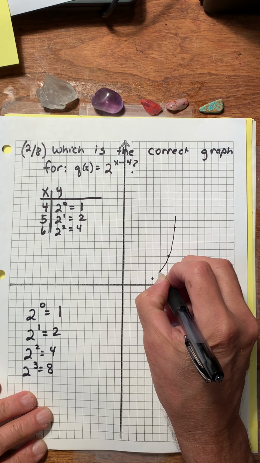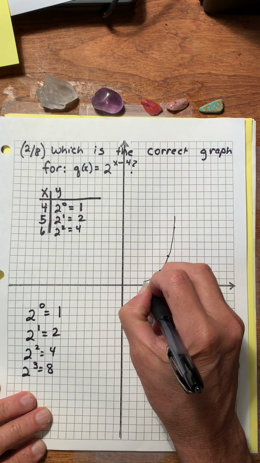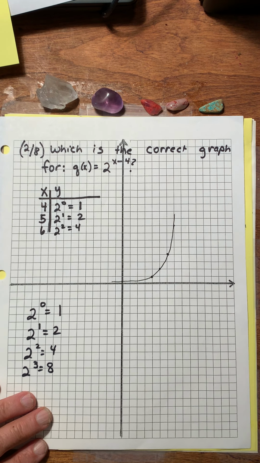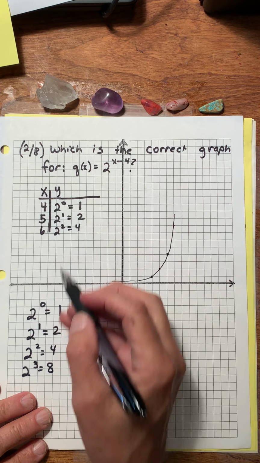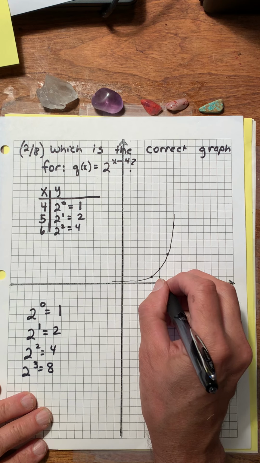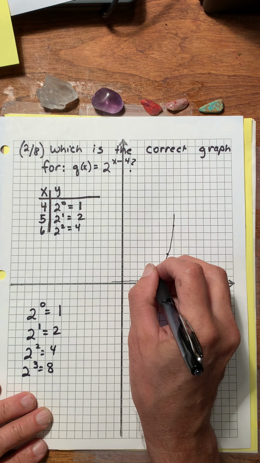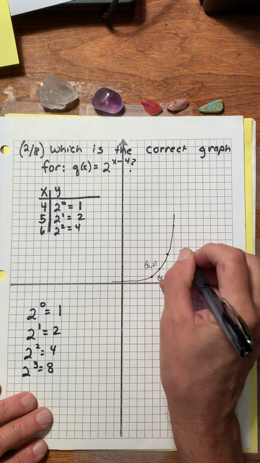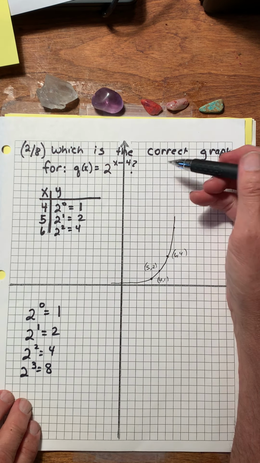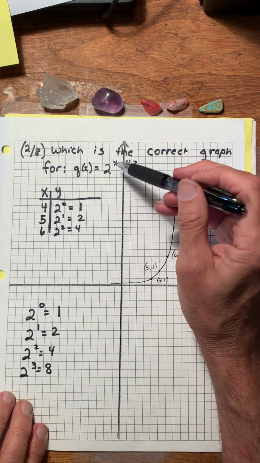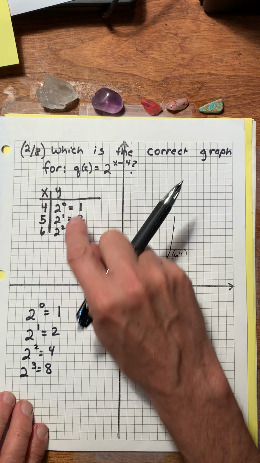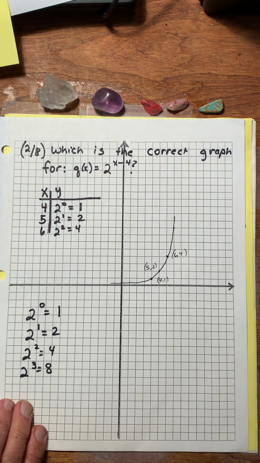When you pick your graph, you're going to be picking something that looks like this, but it's going to have these strategic points: 4, 1, 5, 2, 6, 4. Pick the graph that has those points. In my mind, the best way to figure out what this graph looks like is to pick an x so that it gives you an exponent that you can easily evaluate.